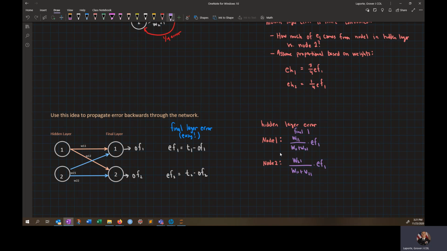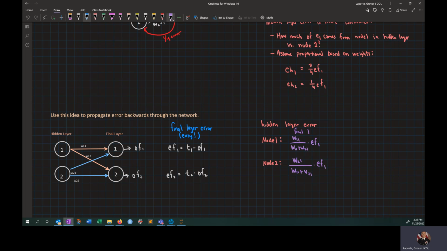Okay, so what we've done so far is I've attributed some of the error of this EF1 error. We've attributed some of it to hidden layer 1, attributed some of it to hidden layer 2 based on the weights of these two. And that's what we'd agreed to do above.